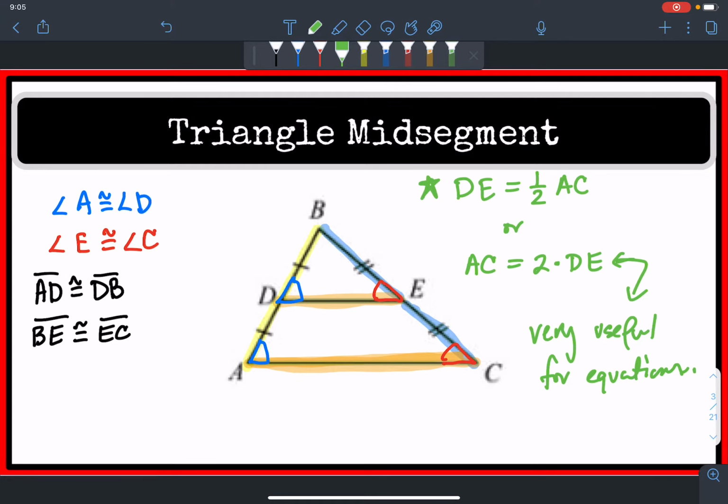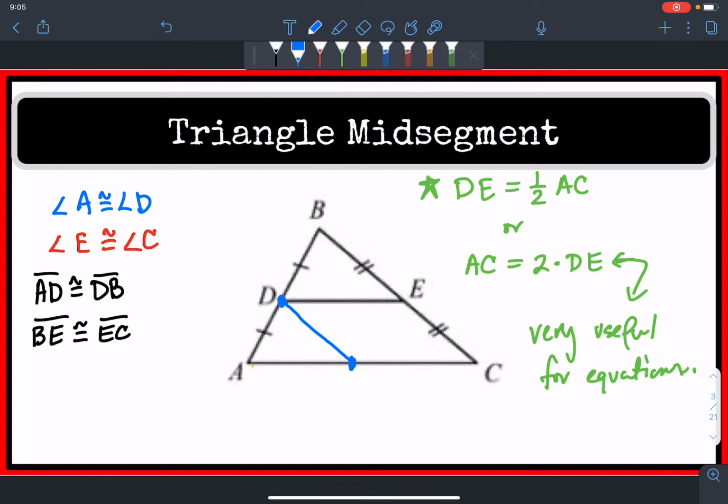So let's look at an example where we just have numbers. The idea is, if I find the midpoint between any two points, so let me erase all of this here, and let's say I find the middle between A and C, probably a little bit more over. I find the middle right there, and since I already know that D is in the middle, I connect the point D to this middle point.